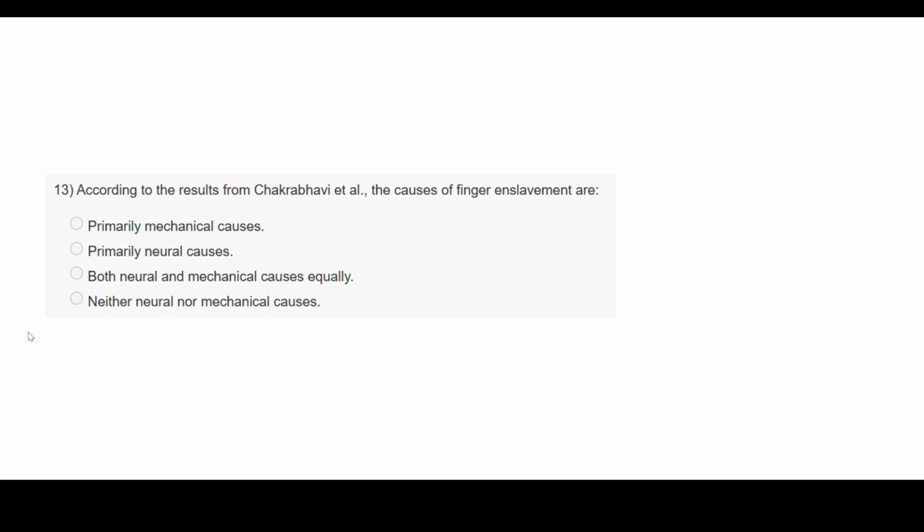According to results from Chakrabarti et al., the causes of finger enslavement are primarily mechanical causes, primarily neural causes, both neural and mechanical causes equally, or neither neural nor mechanical causes. The answer is primarily neural causes.